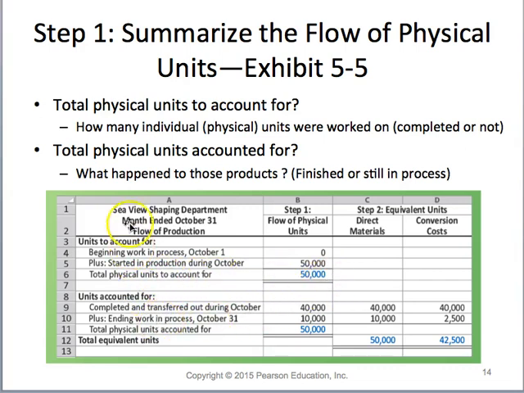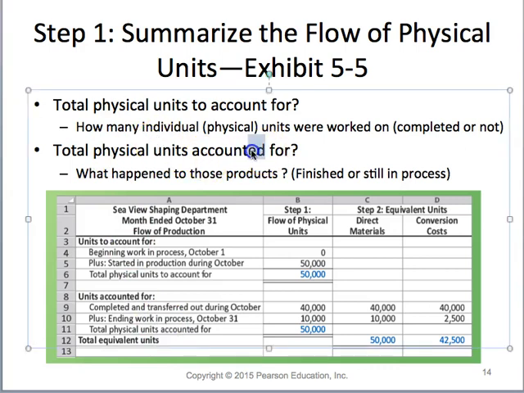And now there's another one. Physical units accounted for. So it has been used. Here, completed and transferred out during October. So during this month, we finished 40,000 of those. Totally finished this process. But there is something we're still working on. So we still have 10,000 units of the product we're still working on. Total is still 50,000. It's always equal.